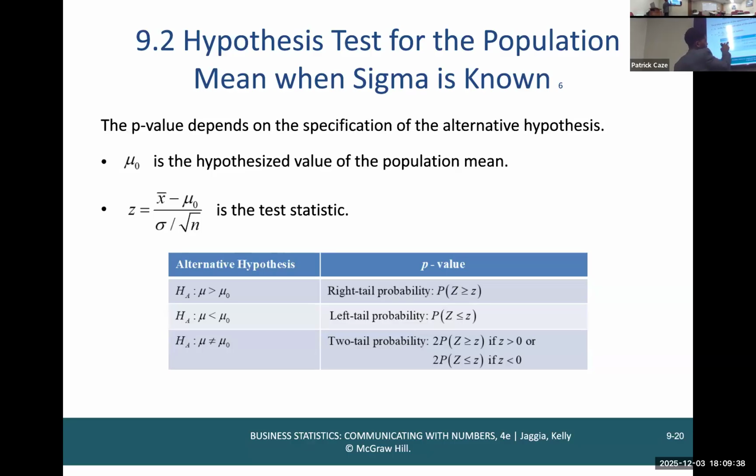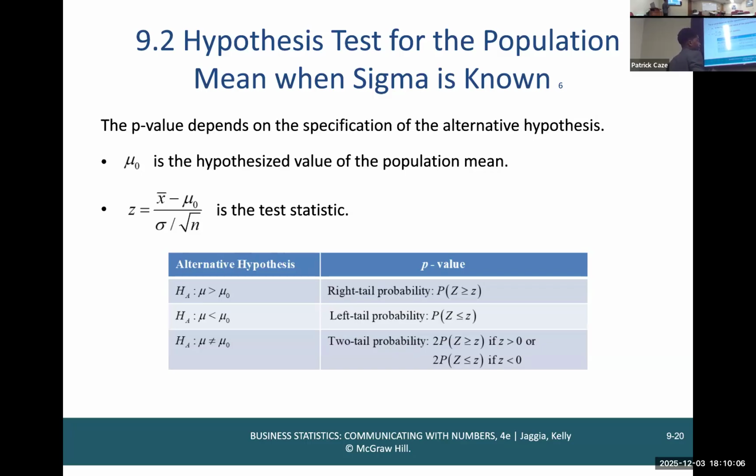Actually, no, let me tell you, I take that back. I'm sorry. This is just the nomenclature for the writing, the symbology for the null hypothesis and the alternative hypothesis. I apologize, I jumped the gun. So if you're going right tail, the mean is greater than the hypothesized mean.